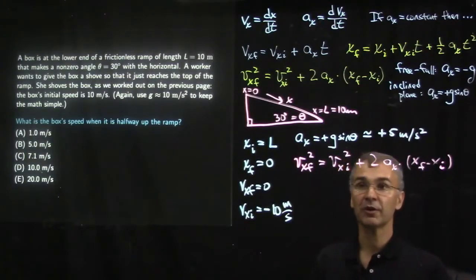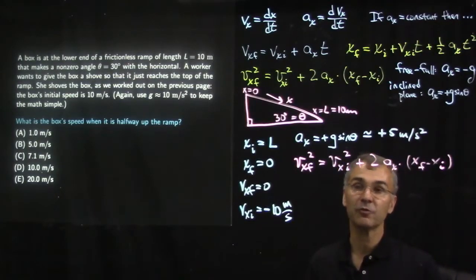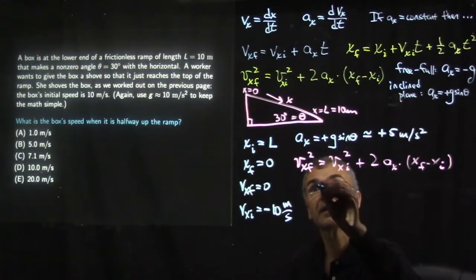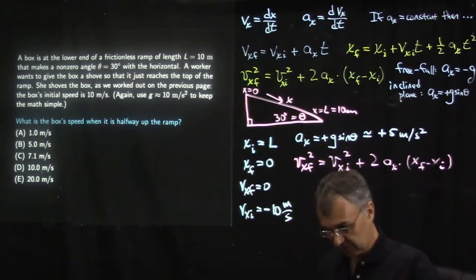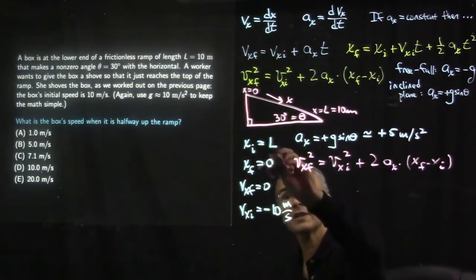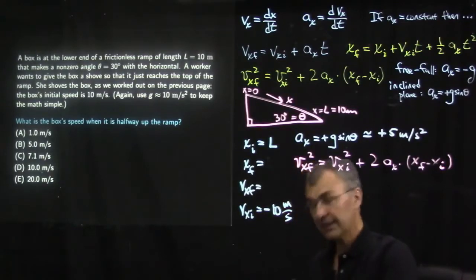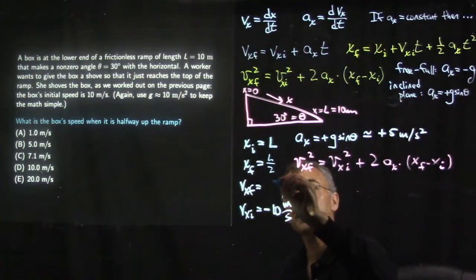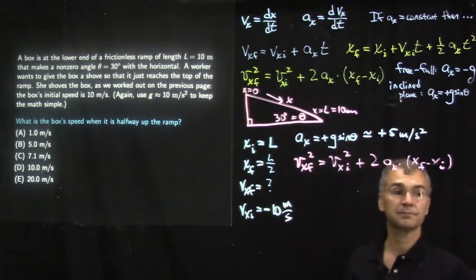So let's use the same equation, but now we want to go halfway up the ramp. Actually, right, so this is no longer true. Now x final is L over 2, and Vx final is unknown.